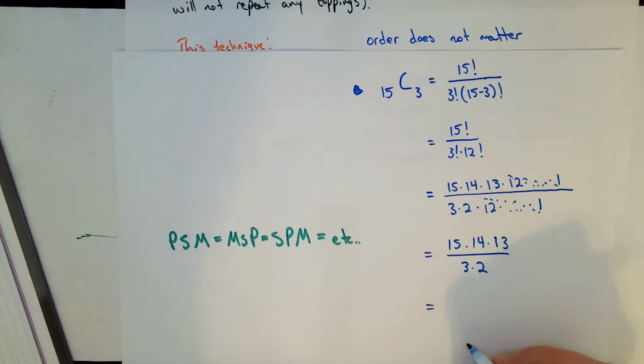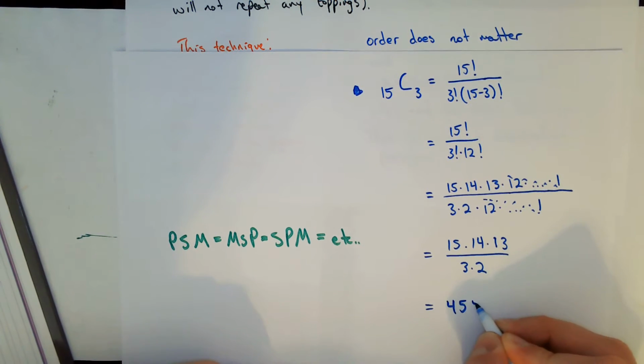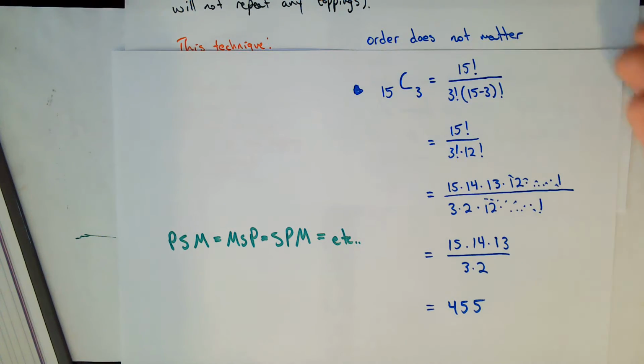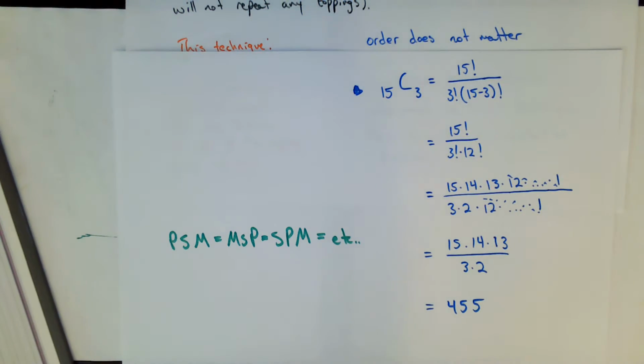And by the way, what does this equal? I have no idea. Let's just go ask the calculator. 15 times 14 times 13, and then divide that by 6. I get 455. Okay, that is the answer to this first pizza question.